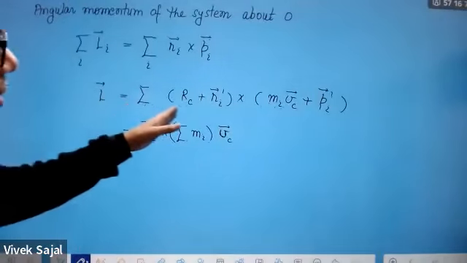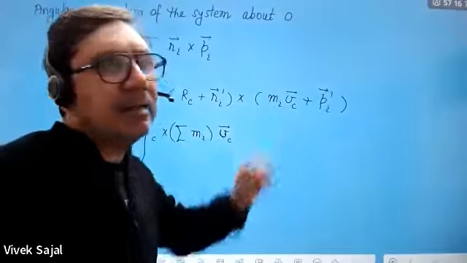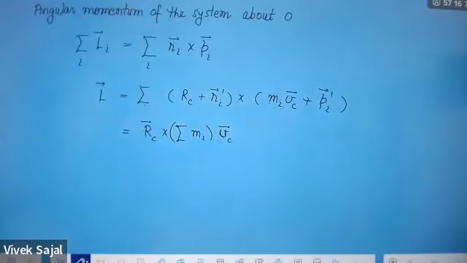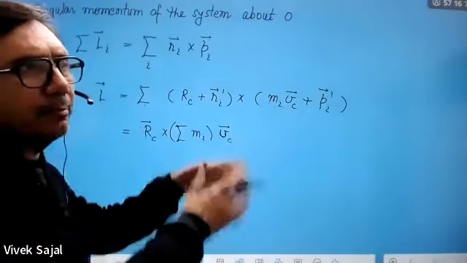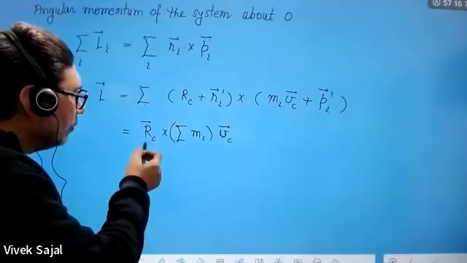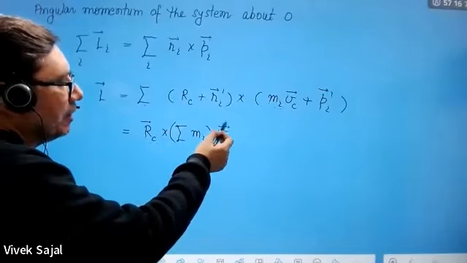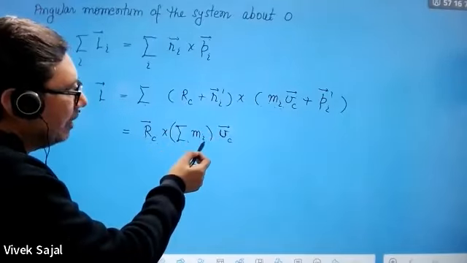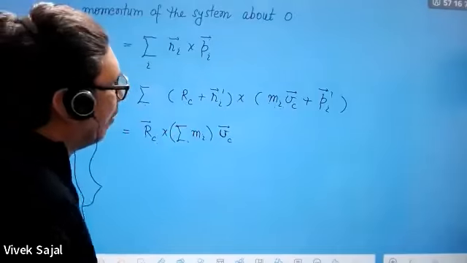Sigma is going to act wherever I is appearing, where many particles are appearing in the picture. Sigma is not going to act over Rc. This is the first term.